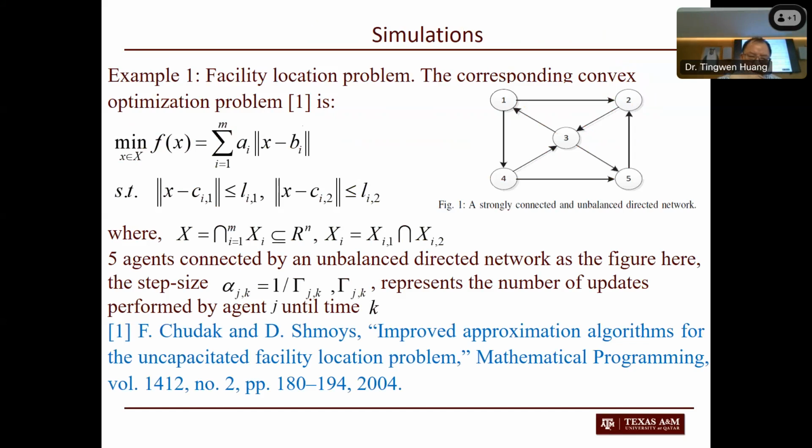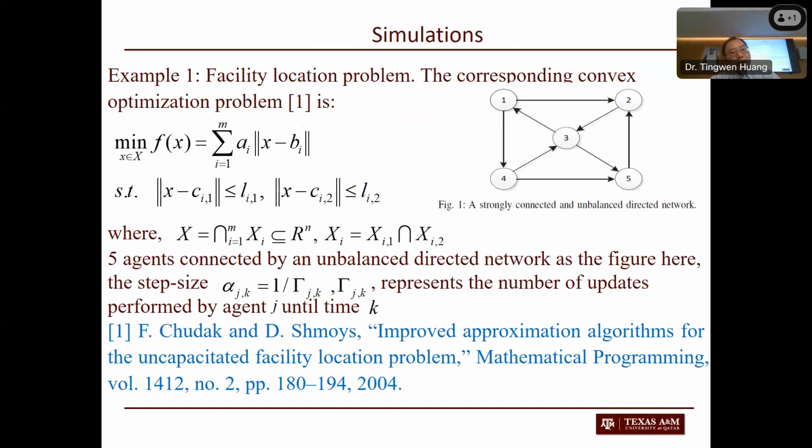For example, the distance between the chosen location and one group of locations, say I1, cannot be bigger than Li1.